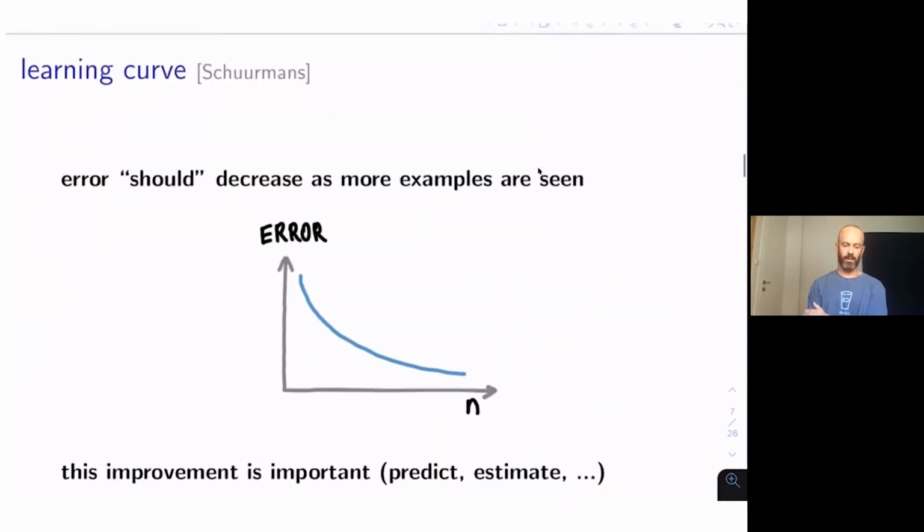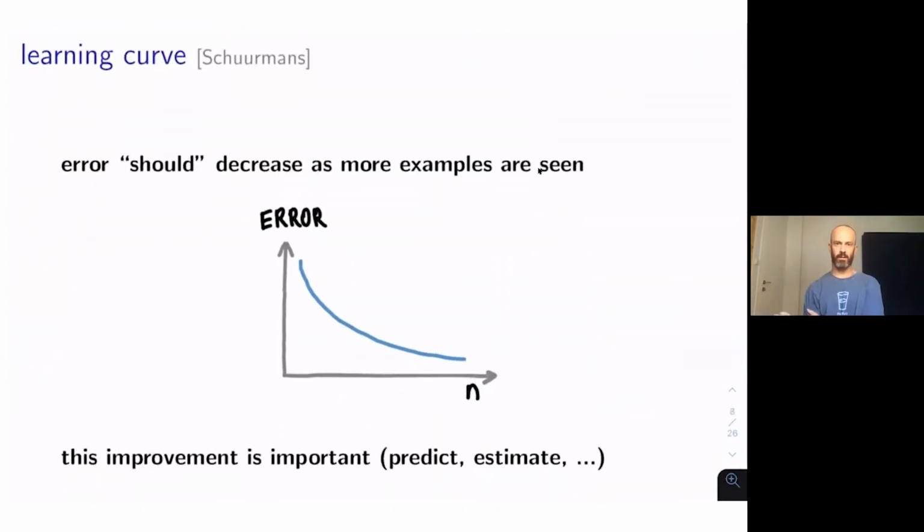The first step towards the new version of the theorem is the idea of a learning curve. This idea appeared in a paper of Schuurmans, and it's a very intuitive idea. When we do machine learning in real life, the error should become smaller and smaller as more examples are seen. This is a very intuitive statement.